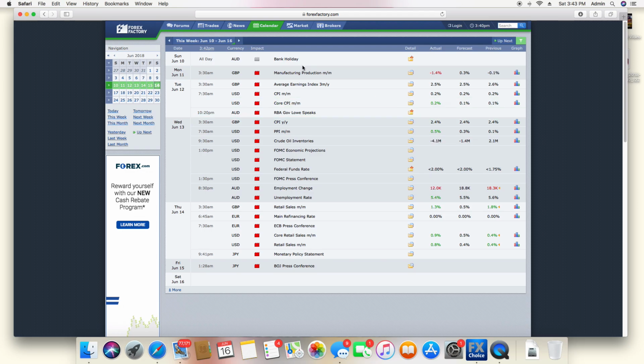Okay, so now that we've done that, the basic way to use this is you see what time each currency pair is going to be affected. Now, I do want to say you might want to make note that generally news is going to come out for a currency pair during the session that currency pair is more heavily traded.